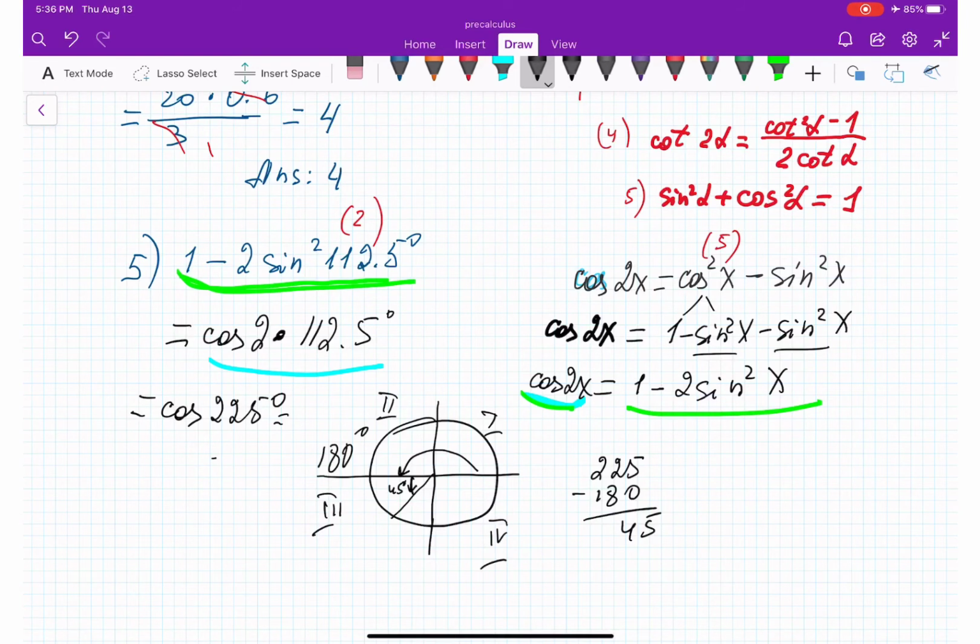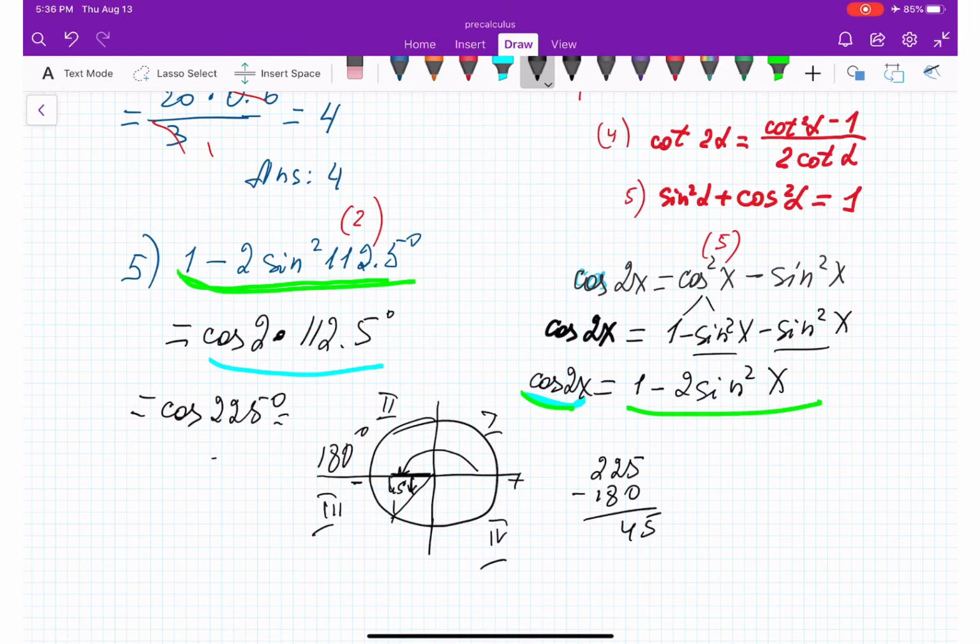Why is it important? Because in the third quadrant, the cosine is going to be negative, right? Here it is. This is a negative here we have. Negative, positive. It's going to be negative.